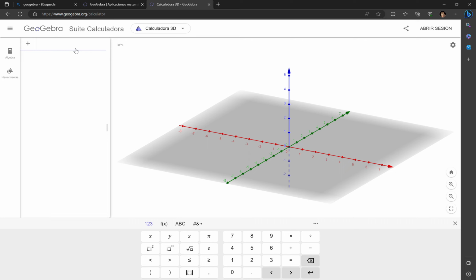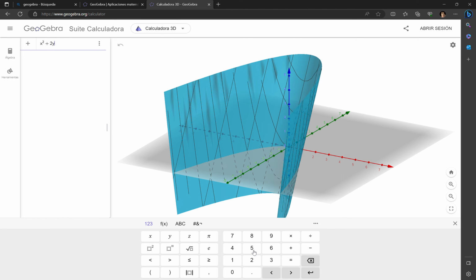And to build that, I'm going to explain how to build cylindric vectors. These special cylindric vectors just use x and y. For example, I have x squared plus 2y squared.